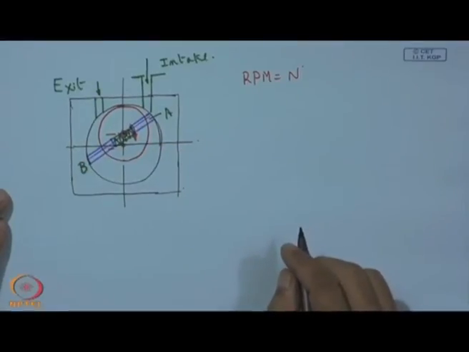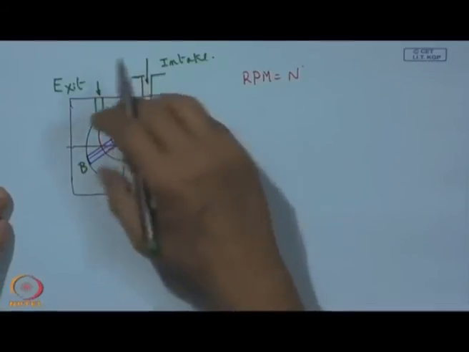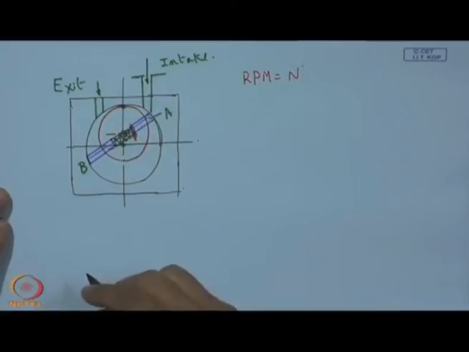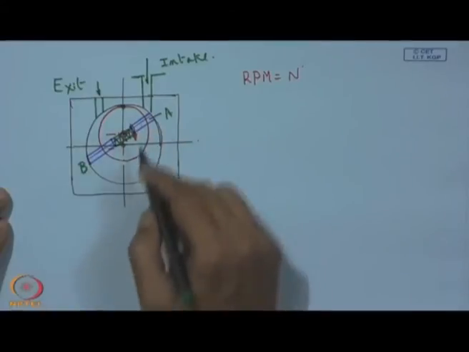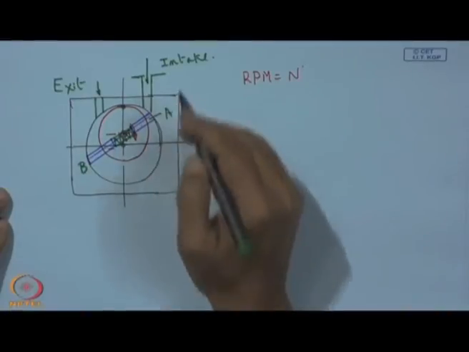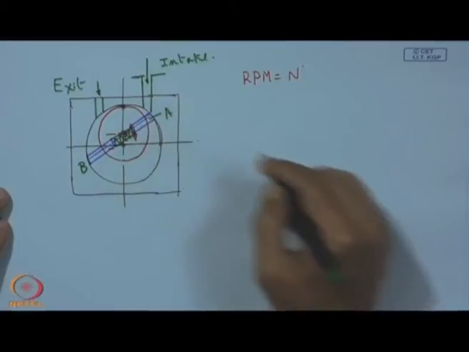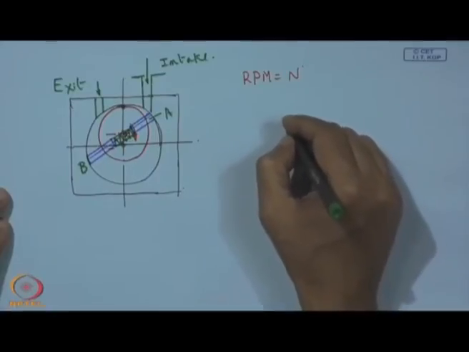Now, what we can see here is that this whole rotor is rotating continuously, and during this process A and B are changing their position with respect to this intake port. Now, as this rotates, we can have a quick look here.